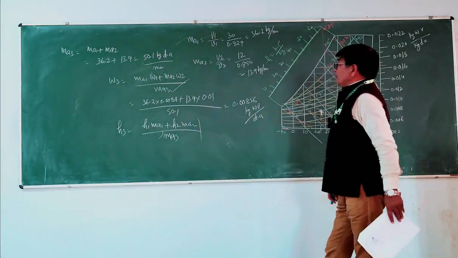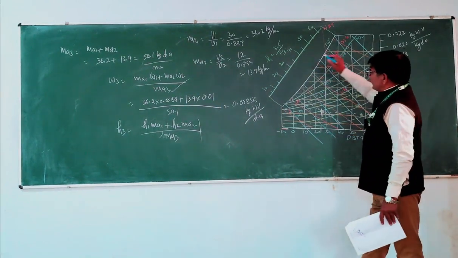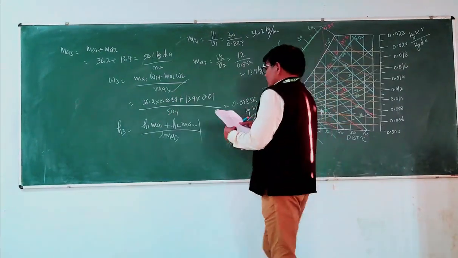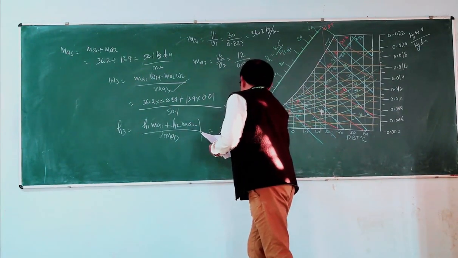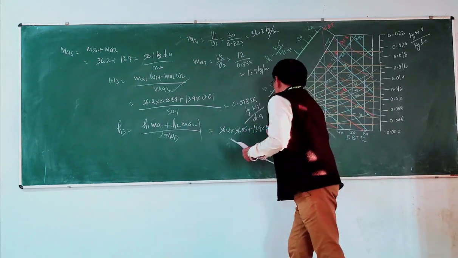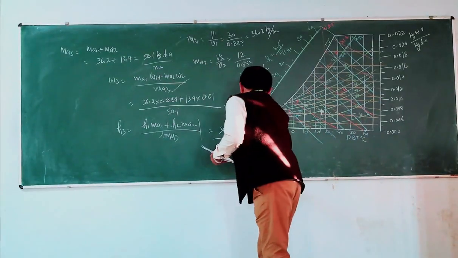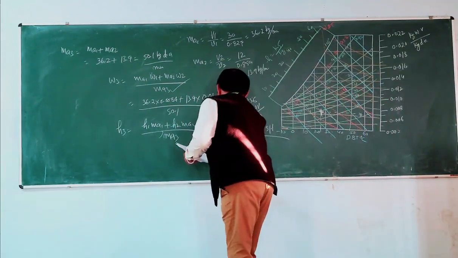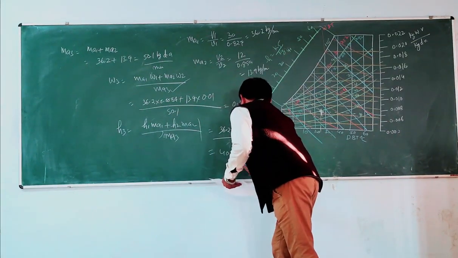So putting these values that we have determined from the psychrometric chart from the given information, this will be equal to 36.2 into 36.85 plus 13.9 into 51.1 upon 50.1. So this value you will get: 40.8 kilojoule per kg of dry air.